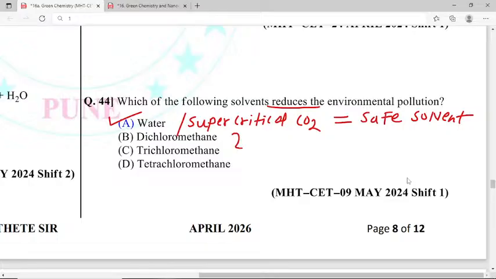And all these others are toxic or hazardous solvents.